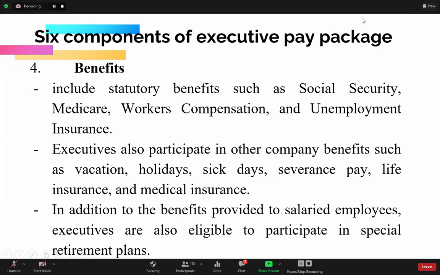So the next component is benefits. These include statutory benefits such as social security, unemployment insurance, Medicare, and workers' compensation. Also, we find that executives usually participate in other company benefits such as vacation, holidays, sick days, severance pay, life insurance, and medical insurance.